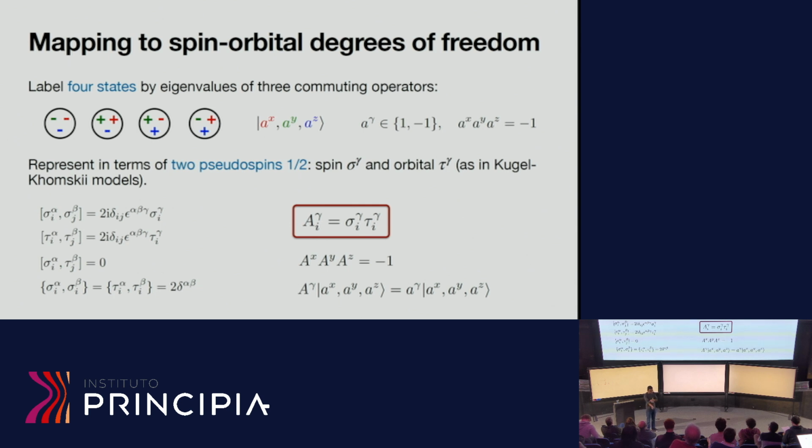So what we're going to do is to map this model to spin and orbital degrees of freedom. I'm going to represent the 4 states this way. These plus and minus signs will correspond to eigenvalues of some operators that commute with each other. With this constraint, because I have these 4 states, the constraint is that the product of all 3 signs has to be -1.